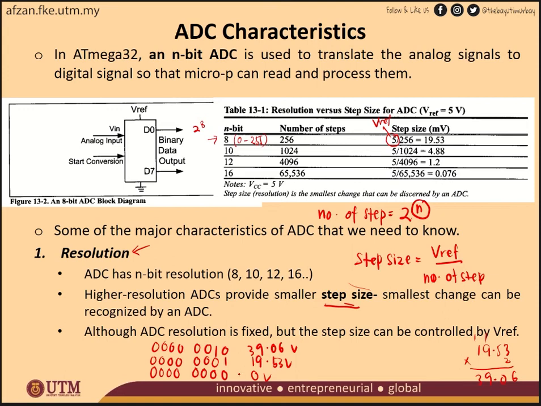So this is the step size actually, the increment between the first number to the second number of your binary data here. This is the binary value, and this is what we call the decimal value.